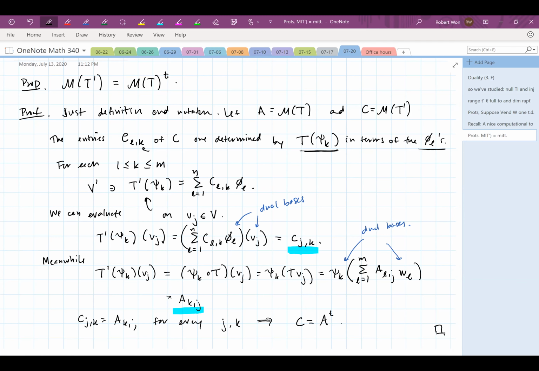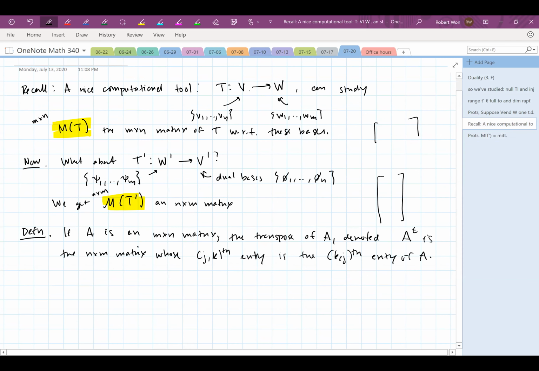But this is a very, very nice result. If you're given a particular map from V to W, a concrete actual map, the way that people actually study linear maps, let's say 9 times out of 10, is you write down the matrix of that linear map.